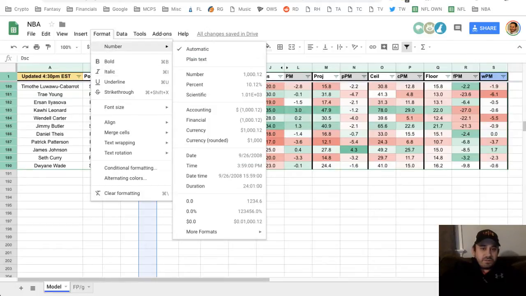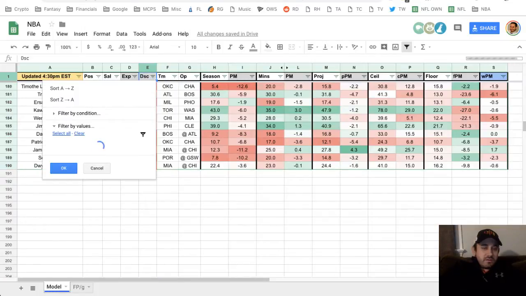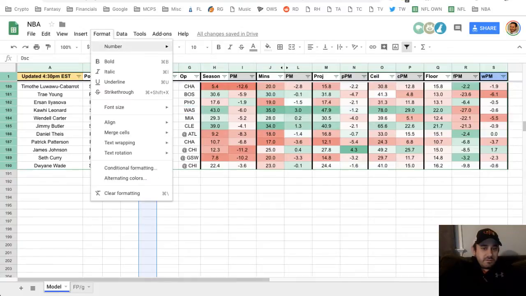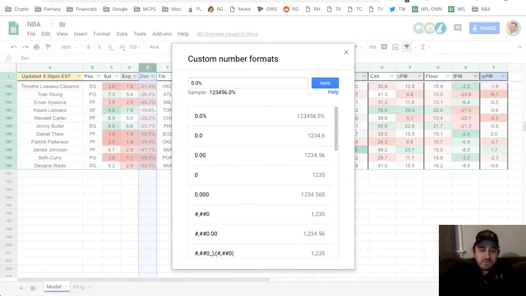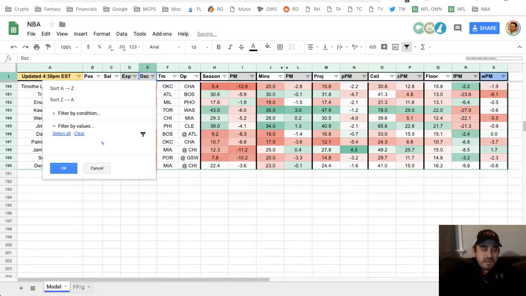So we'll move this to percent. And you know what? I don't want decimals, I just want single percent. There. And then we'll sort descending.